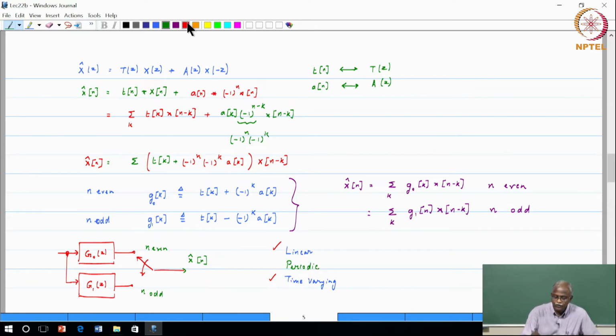So this input output two channel system, where we talked about a maximally decimated system, is described in the following way: it is linear, periodic and time varying. We were used to LTI, linear time invariant, but now there are three components: linear, periodic and time varying.